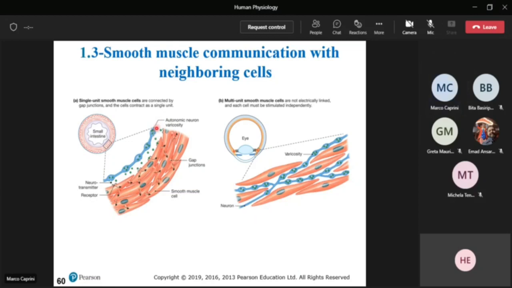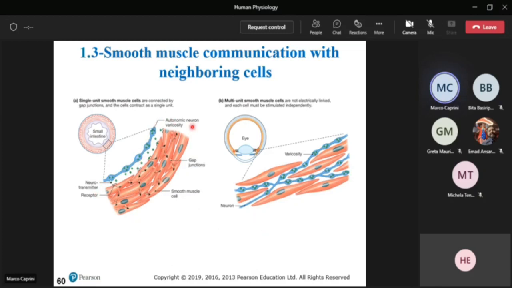the junction between the motor neuron and the skeletal muscle? Do you remember what is the name of the junction between the motor neuron and the skeletal muscle? It is called the neuromuscular junction between a motor neuron and a skeletal muscle. Here we have more or less the same physiological structure, but the components are different.